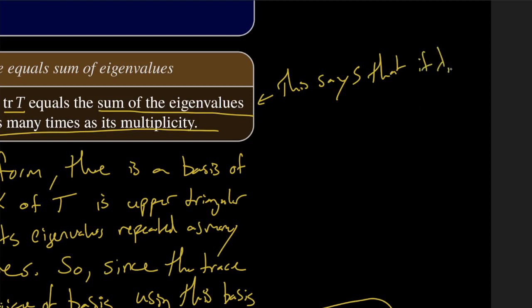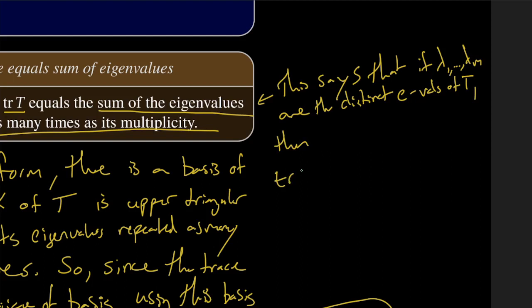If lambda 1 through lambda m are the distinct eigenvalues of T, then the trace of T is equal to the sum from i equals 1 to m of lambda_i, but this should be repeated as many times as its multiplicity.